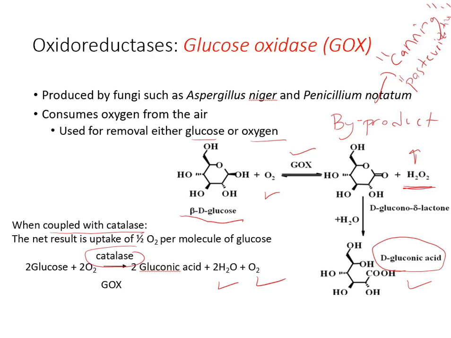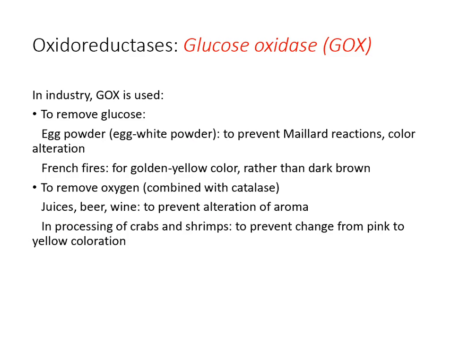Let's see the applications of glucose oxidase in the food industry. It is used to remove glucose during the production of egg powder, egg white powder.